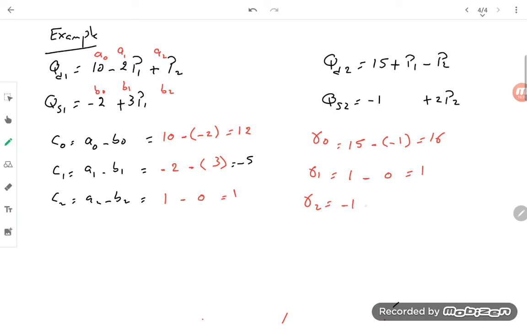Gamma 2 is negative 1 minus 2, it will be negative 3. So this is the value of C's and gammas that can be used in order to substitute in P1 bar and P2 bar in order to find the equilibrium.